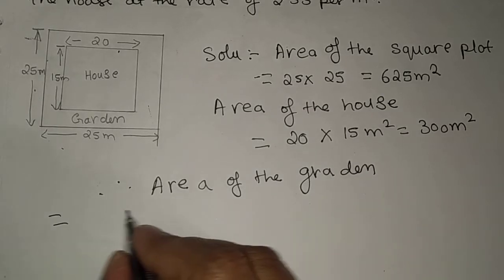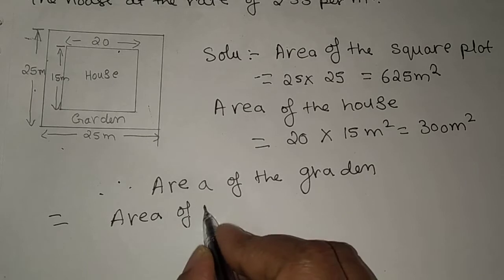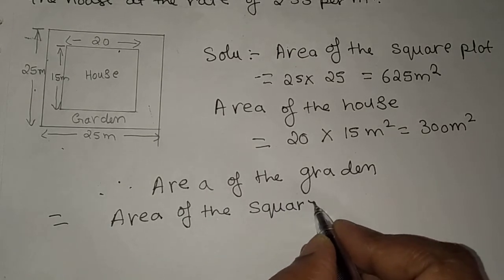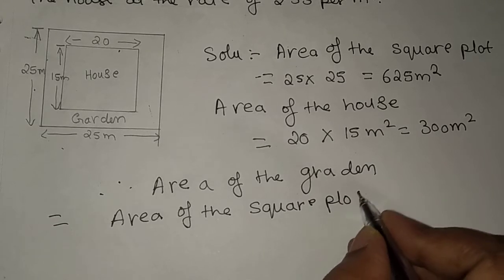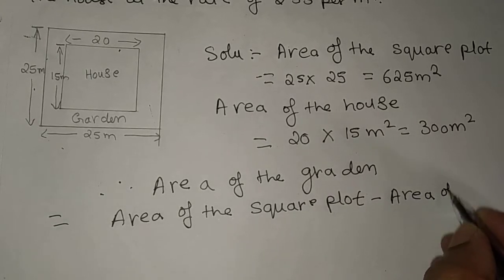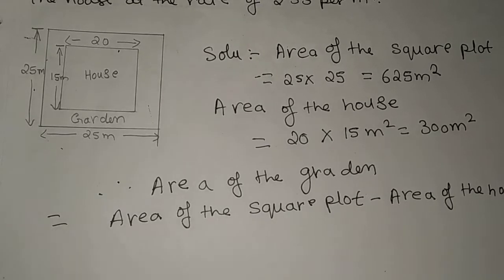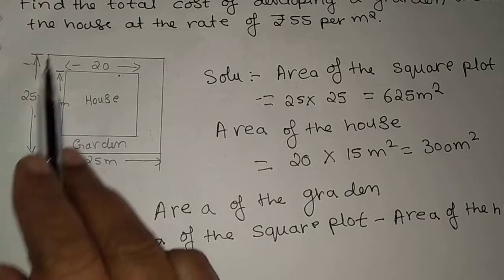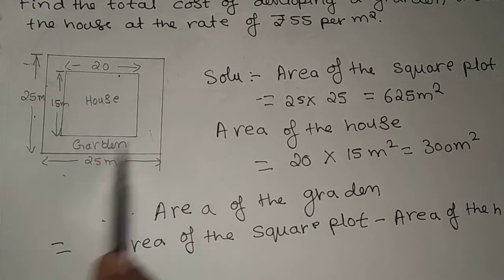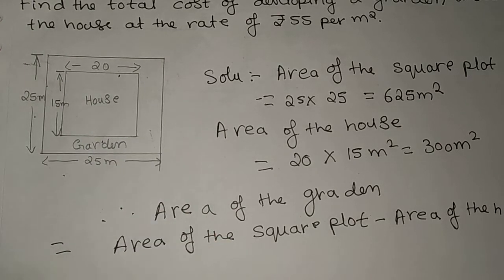Here we have, that is next step, area of the square plot minus area of the house will be the area of the garden. See here, area of the plot minus this area of the house will be area of the garden.